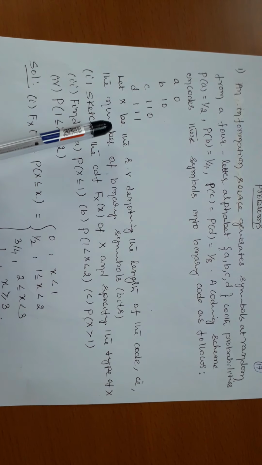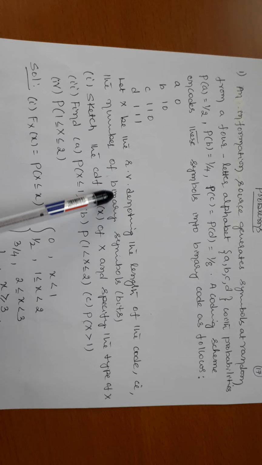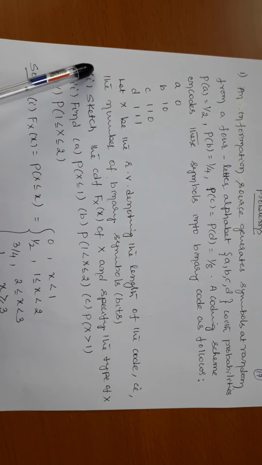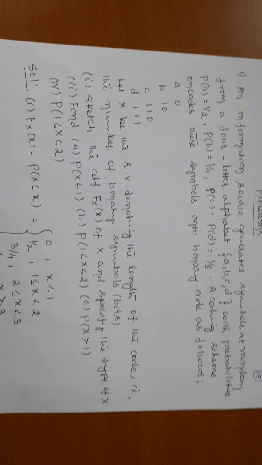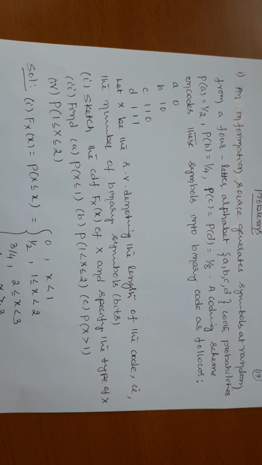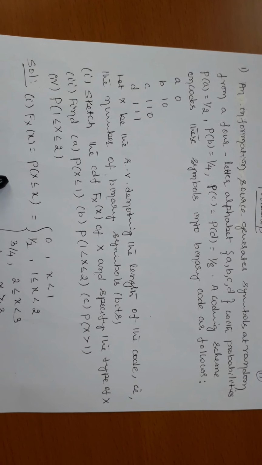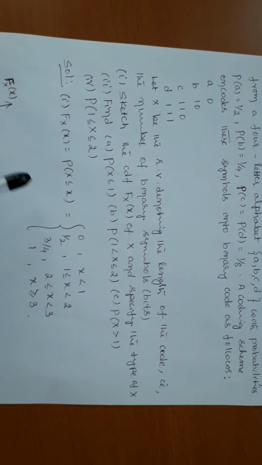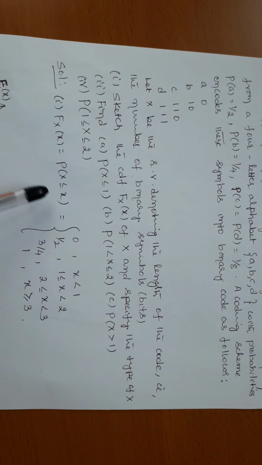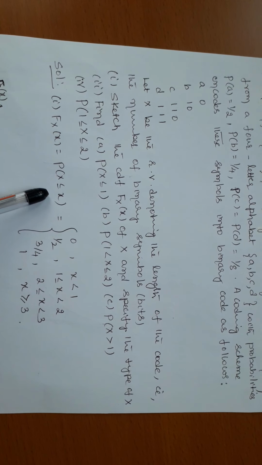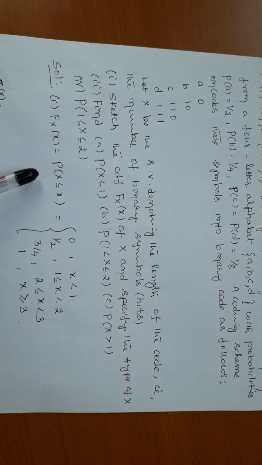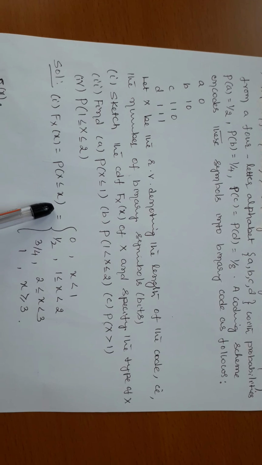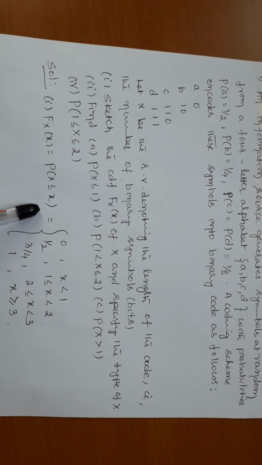X denotes the length of the code, meaning the number of binary symbols, or binary bits. Now, F_X(x) from the definition of the cumulative distribution function: first convert cumulative in terms of probability. The formula is probability of X less than or equal to x.